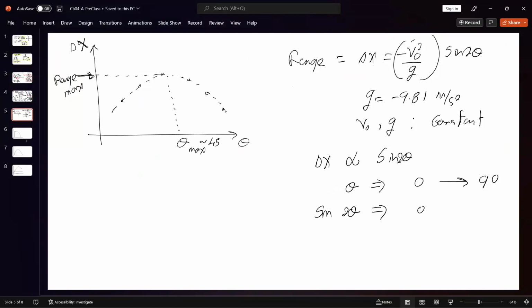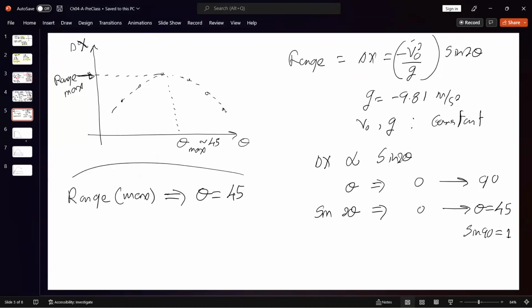Sine 90 can happen only when theta is 45 degrees, because the equation has sine 2 theta. When theta is 45, 2 theta becomes 90. Sine 90 is equal to 1. That's why the maximum range can happen only when theta is equal to 45 degrees.